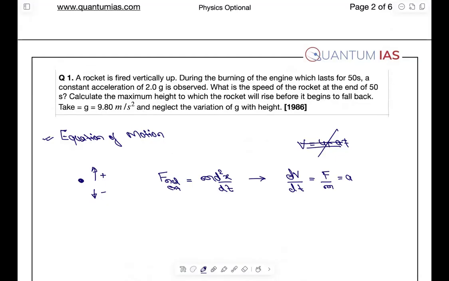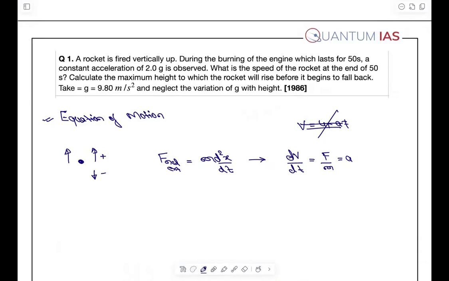So what we need to understand here, that this a, it is moving upward. So we can write here that dv by dt is a, and what is a given here? It is 2g. Now remember one thing, we are doing for 50 seconds only.